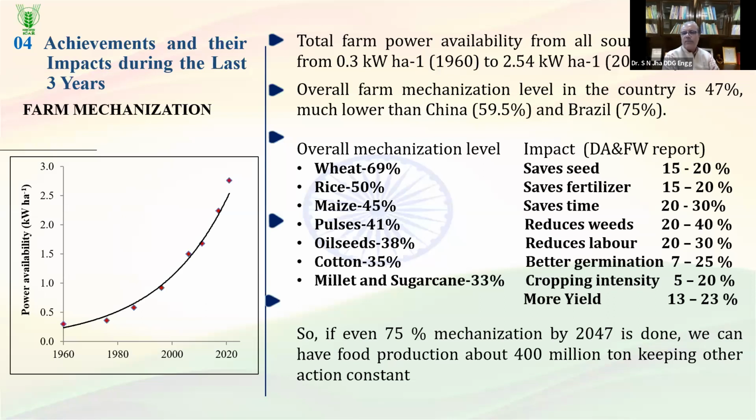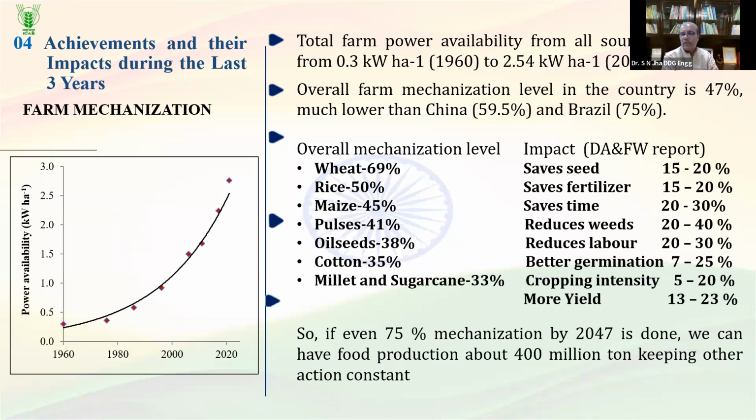And recently, the Department of Agriculture and Farmer Welfare had third-party audits done, and that report says that mechanization saves seeds up to 15 to 20%, saves fertilizer 15 to 20%, saves time 20 to 30%, reduces weeds in any crop 20 to 40%, means up to 50% in some cases maybe weeds are reduced.